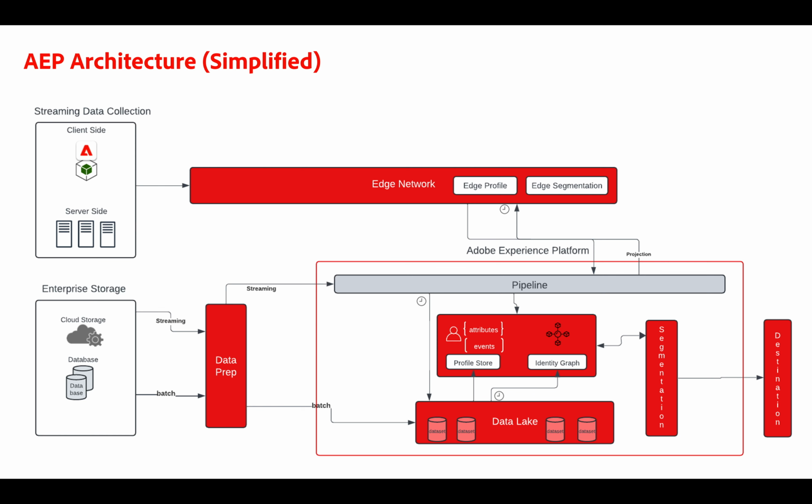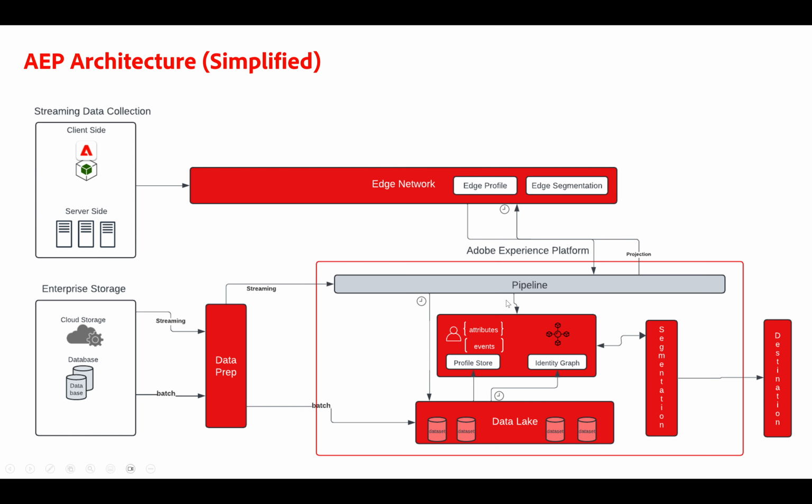So coming back to the ingestion, when you stream the data, it reaches the pipeline. And the pipeline is going to update first those different profile stores and identity graphs based on the identity that you have sent, because as I was saying, each identity is a key to load the data.